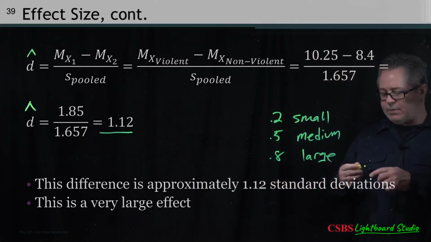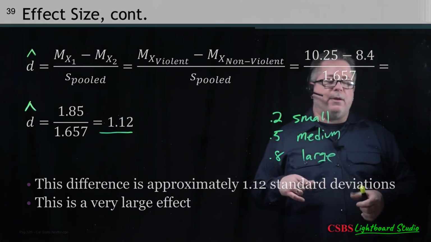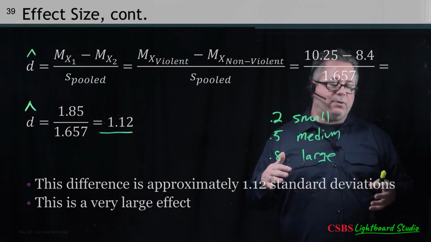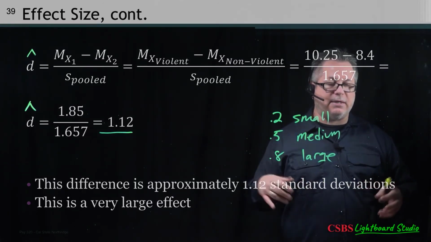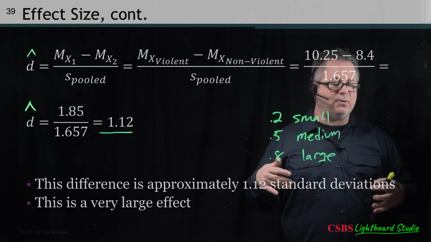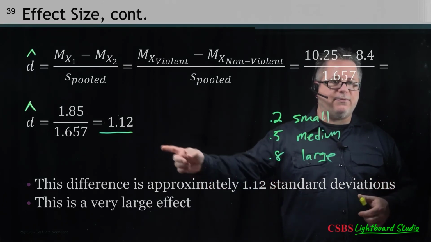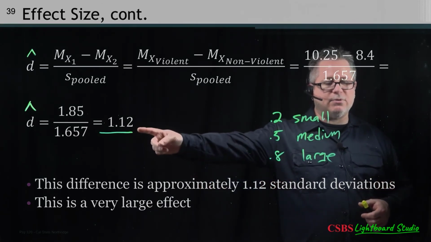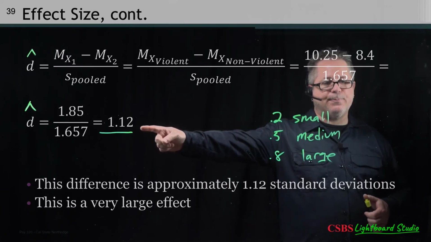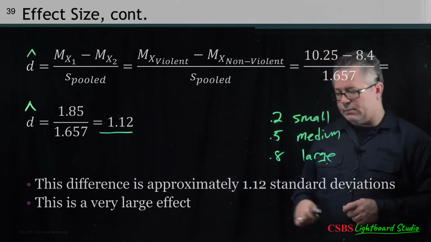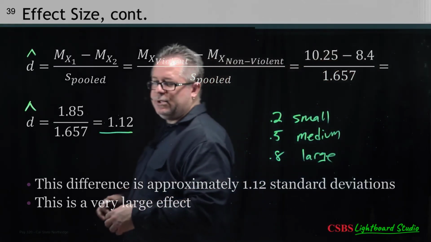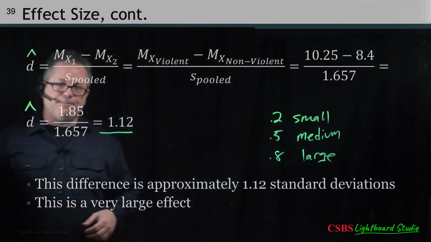So not only is playing Grand Theft Auto versus playing Lego a significant effect, not likely to occur by chance alone, it's also a fairly large one. So it's a large, significant effect. All right, 1.12 standard deviations apart. It's quite big.